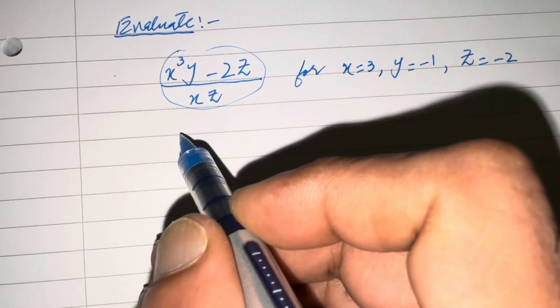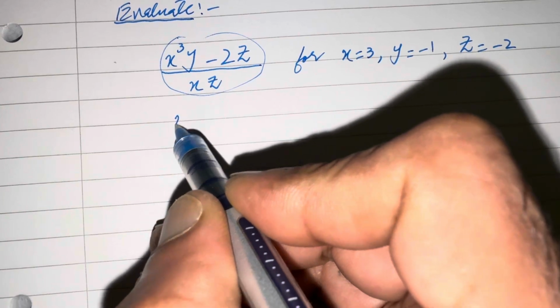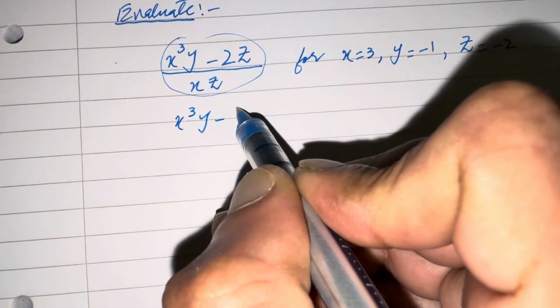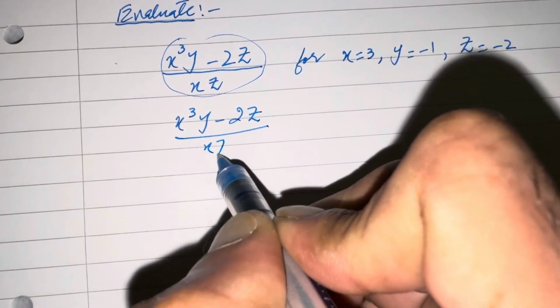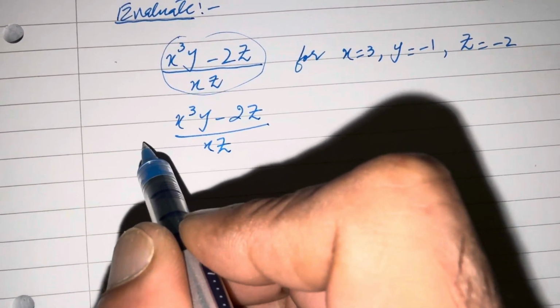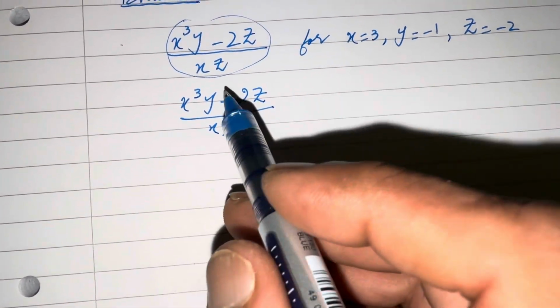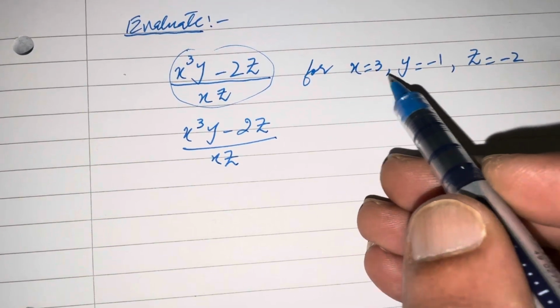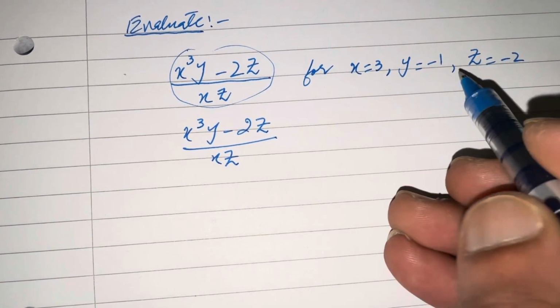So let's start to take this side as x cube y minus 2z divided by xz. So we have to simplify this expression by putting these values, where x is equal to 3, y is equal to -1 and z is equal to -2.